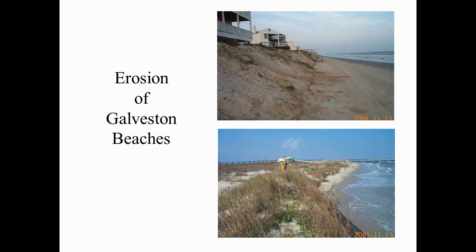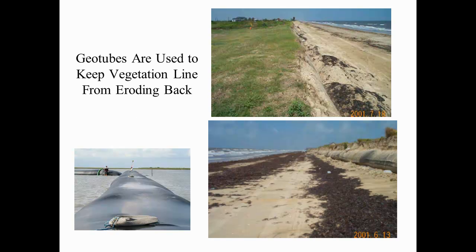Here are some examples of erosion of Galveston beaches. In the upper photograph, notice that retreat of the shoreline has brought some of these structures precariously close to collapsing. Along some parts of the Galveston coastline, geotubes have been buried, the purpose of which is to keep the vegetation line from eroding any further back.